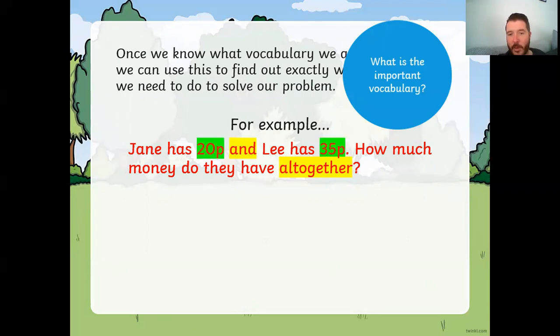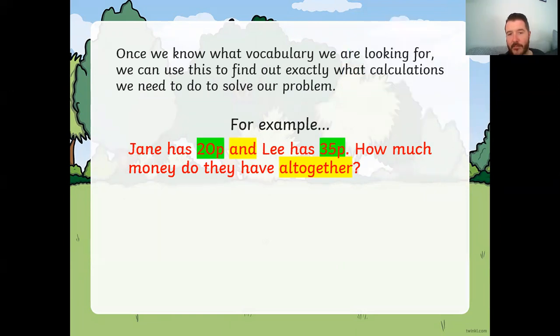There's also some other important vocabulary, the numbers 20 and 35. We need to know what our calculation is. Now, once we've got that information, we can use that to make a number sentence. So we know we're adding, we know our parts, so we can make our number sentence.